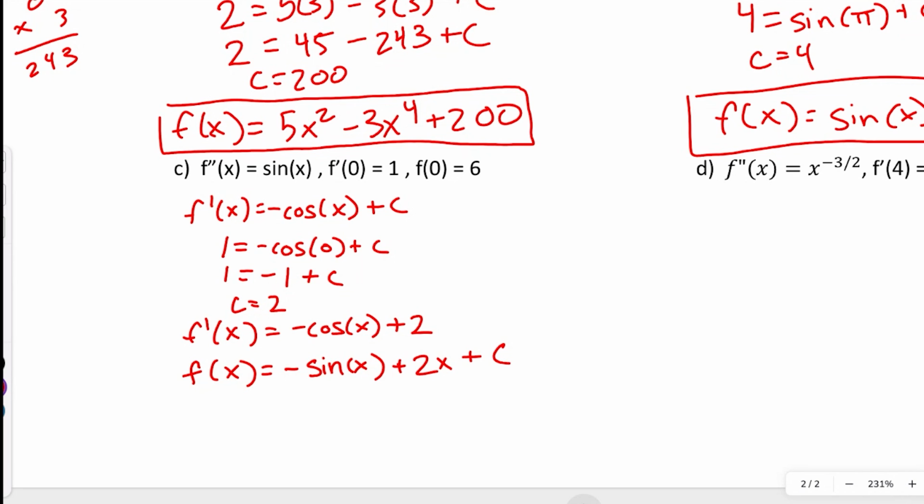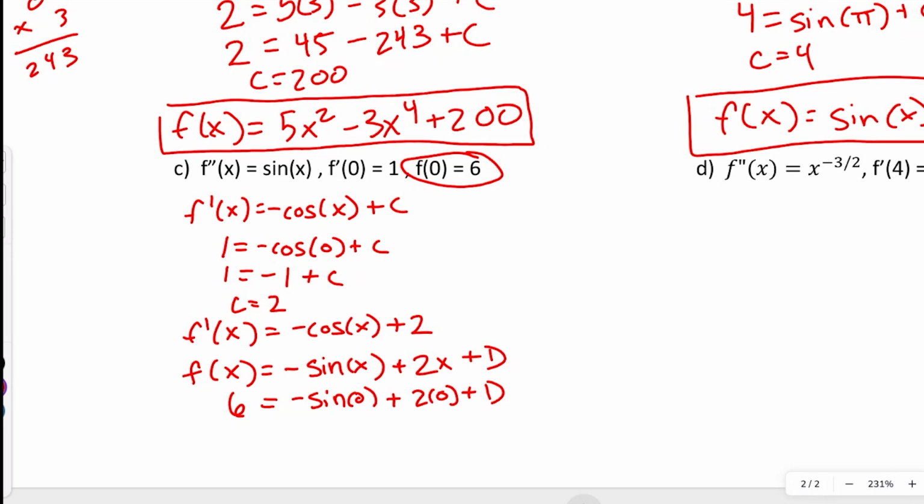We might call this d, just so that we already kind of used up c as a name. If you call this c, it's not that big a deal, but just want to make it clear that these are different constants. Now we do need to find that constant, and we're going to use information about f of x to get it. So 6 equals negative sine of 0 plus 2 times 0 plus d.